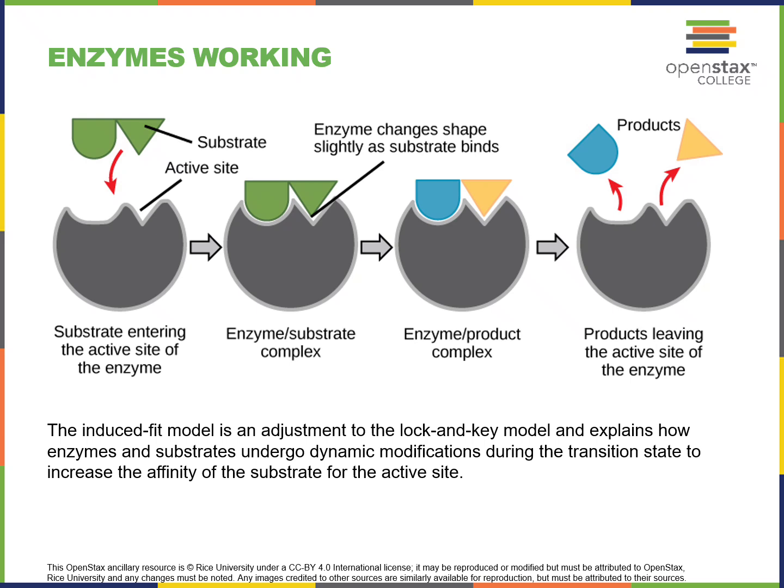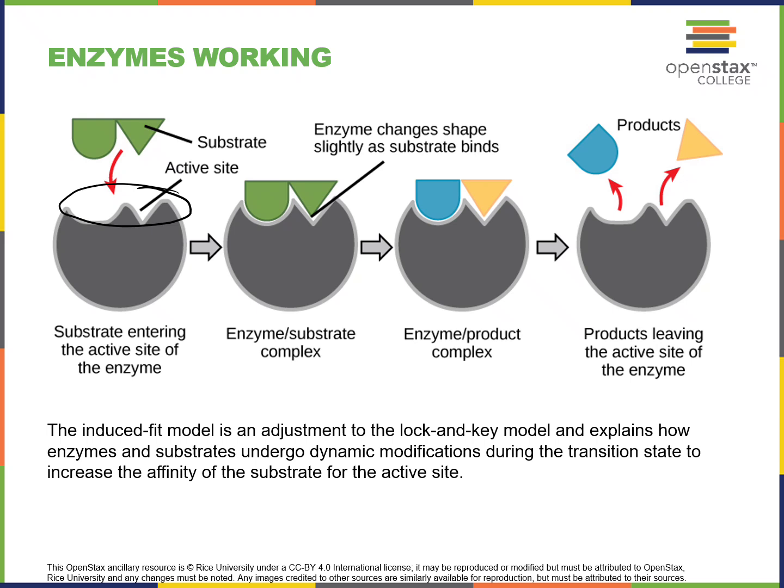Enzymes use very specific active sites. The active site will be kind of like in this example, it's right in here. So the active site will bind to a very specific substrate. The enzyme will then slightly change the substrate and then throw out products.